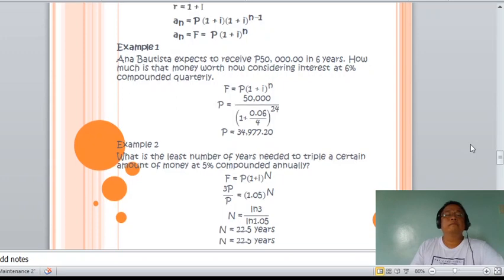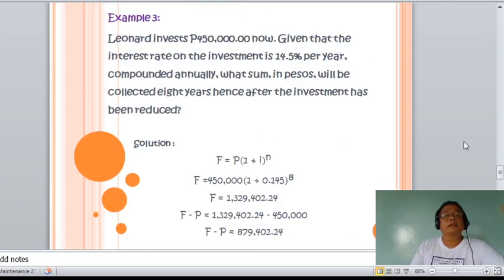Okay? Another example. Sample number 3. Leonard invests 450,000 now. Given that the interest rate on the investment is 14.5% per year, compounded annually, what sum in pesos will be collected 8 years hence after the investment has been reduced?